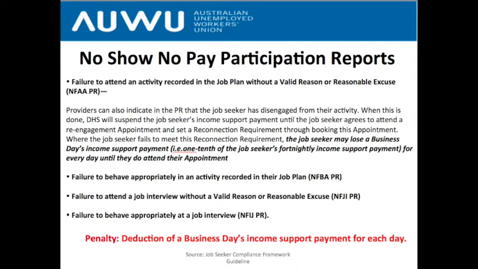So then, at that point, if the job seeker fails to attend that re-engagement appointment, then a no-show, no-pay penalty would apply. And the no-show, no-pay penalty is 1/10 of the job seeker's fortnightly income support payment for every day until they attend that re-engagement appointment.